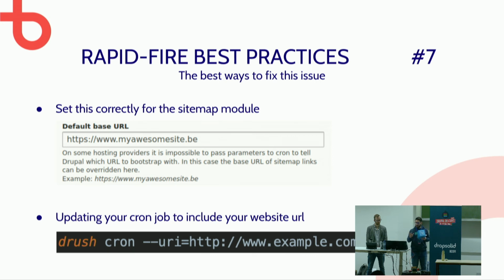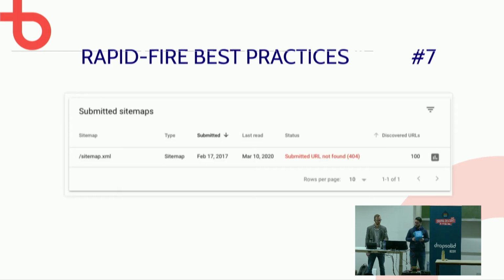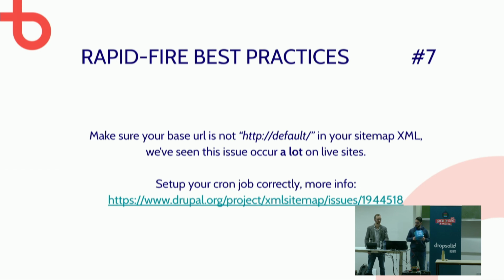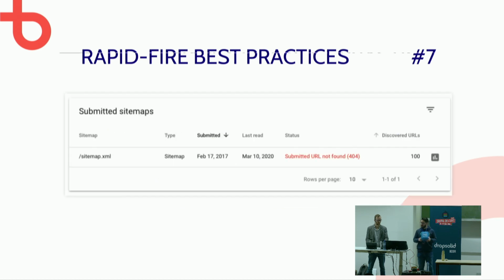I don't know if it's possible with the latest Drush version, but the best solution is the top one. But if you're still using an older Drush and Drupal version, the bottom one might be the solution for you. This is an issue that we've seen a lot in the past, that the sitemap XML, instead of the actual domain name, just contained the default. And then in Google Search Console, if you use that tool, you will see an error like this. You will see in this case 100 URLs were submitted and they all return a 404 because, of course, the default doesn't exist.